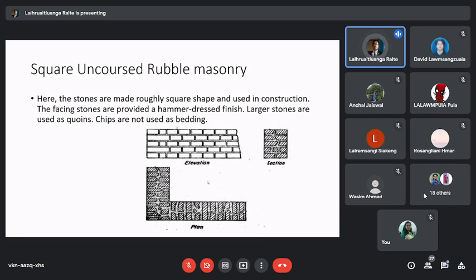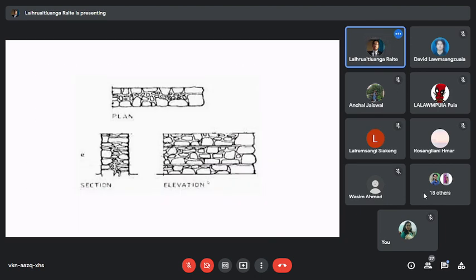All right. However, if we go to the coursed masonry, here in coursed rubble masonry we have certain courses, right? One course running, another course running.